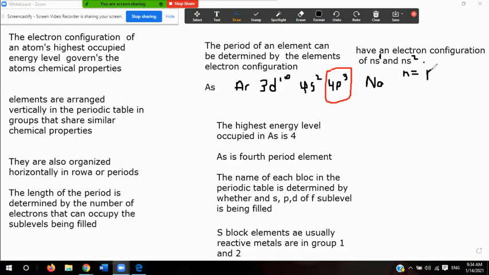Sodium specifically is in period 3 because it is in the third row, and we know that it is in group 1, so it has an electron configuration of ns. I would write it as 3, because 3 indicates the period.